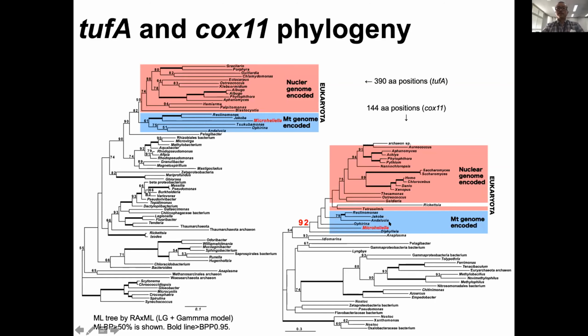So I want to say that, just based on this result, TatA and COX11 of MH have been vertically inherited from the common ancestor of eukaryotes, because they form both sequences branching within the clade of eukaryotes.